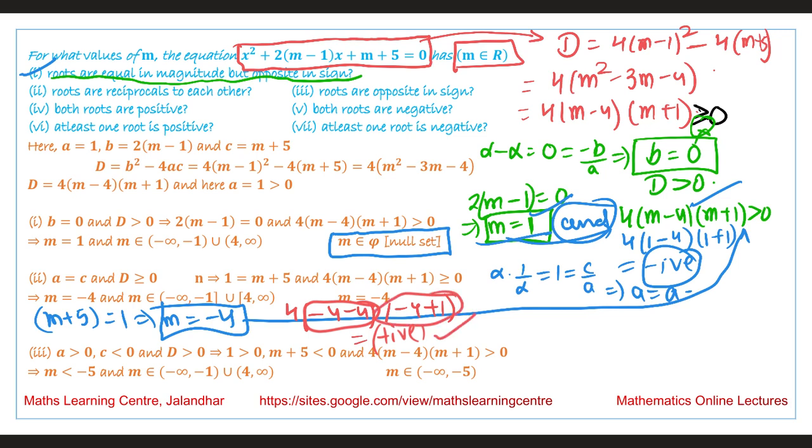So it satisfies the condition that D is greater than 0. So for m equal to minus 4, this equation will have roots which are reciprocal of each other. Next is roots that are opposite in sign. We are talking about two roots, say alpha and minus beta, which are opposite in sign.